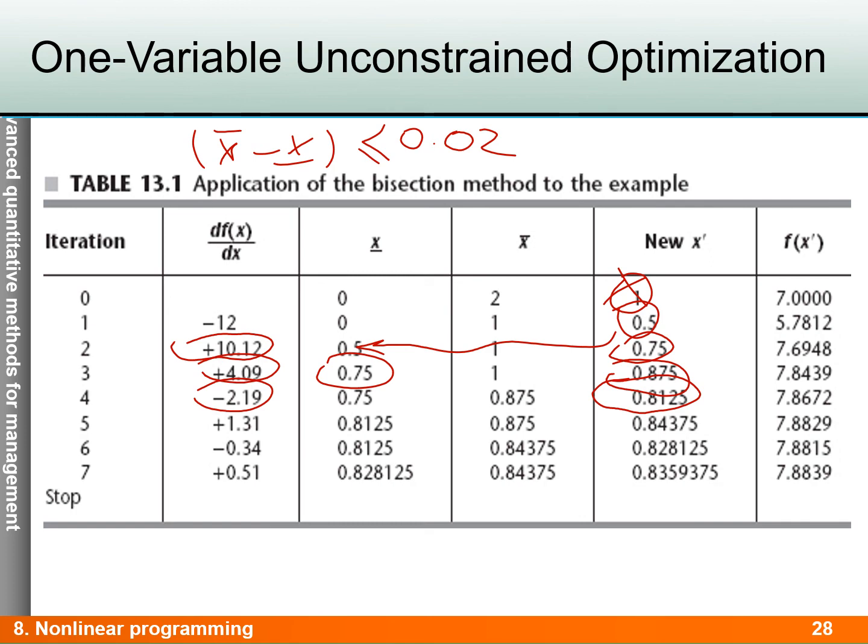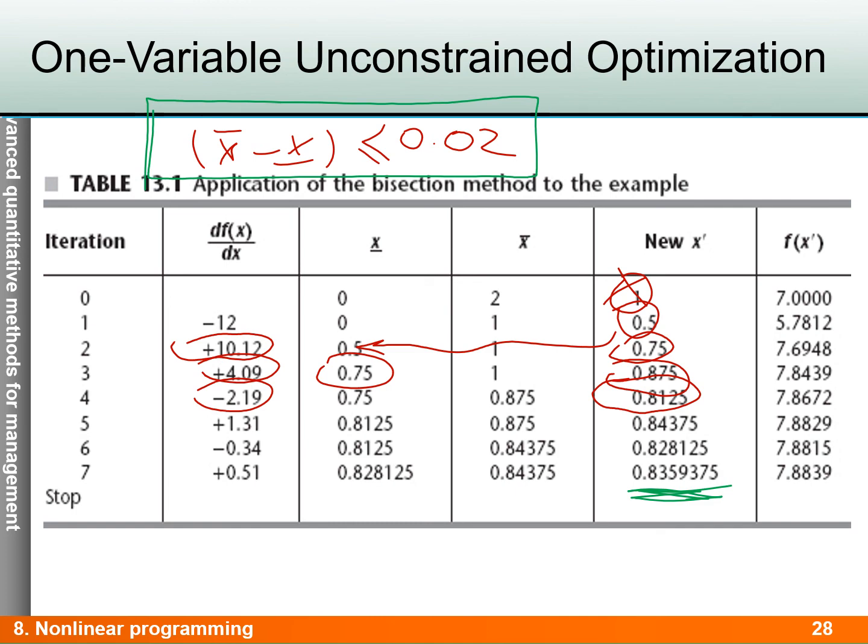I need to follow these different iterations, but always, guys, I should check my stopping rule in each step. Whenever this is valid, the optimal solution is obtained. Like what we have here, the optimal solution is obtained here.